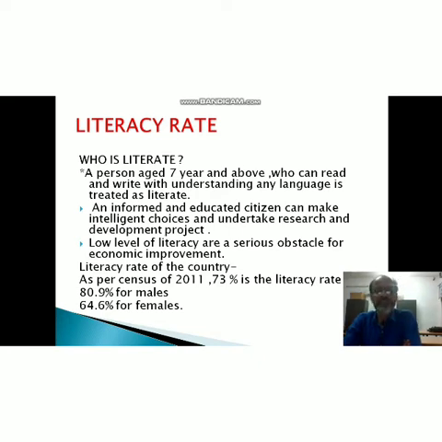Out of 100 people, only 73 are literate. Out of 73, 80.9%, approximately 81%, are males, and only 65% are females.